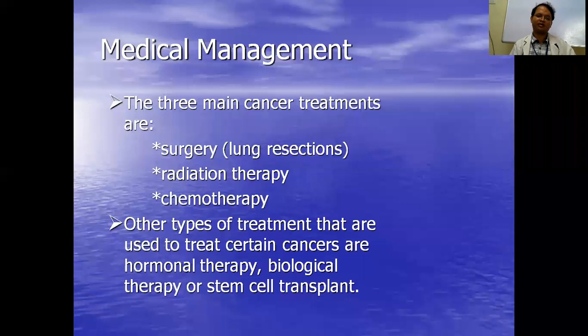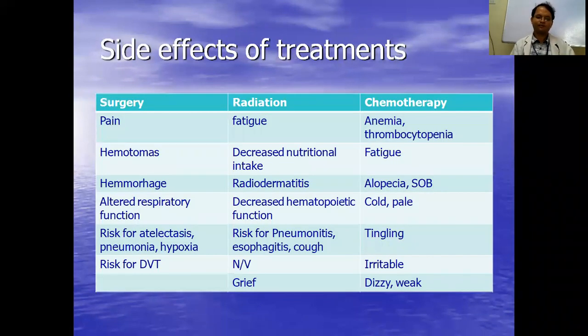The other treatment aspects which are available are hormonal therapy, biological therapy, and stem cell transplant. There are many side effects based on these treatments. Surgery, there might be hematomas, hemorrhage, pain, altered respiratory function, and there can be risk of collapse, pneumonia, and hypoxia.